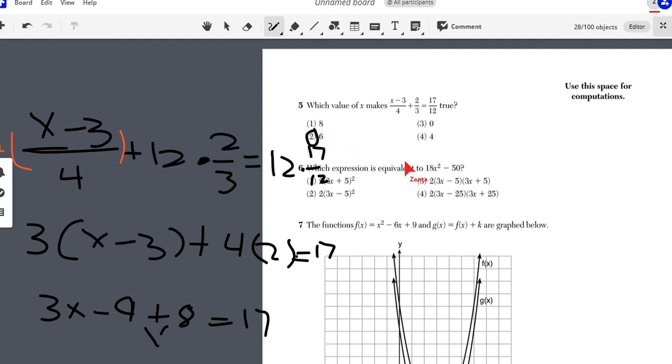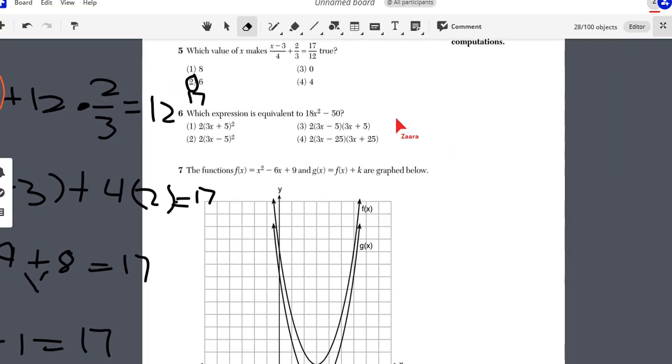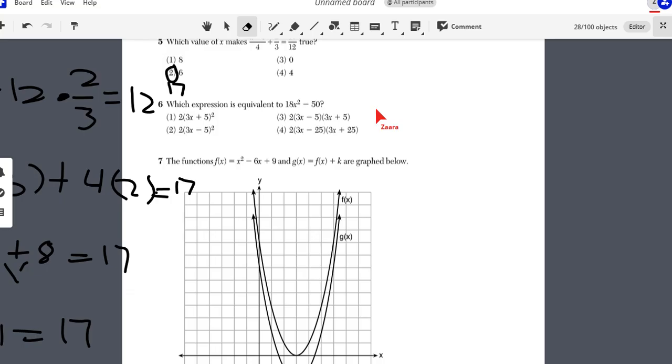Okay, excellent. Next, let me erase this so that we can see. For question number 6, which expression is equivalent to 18x squared minus 50?